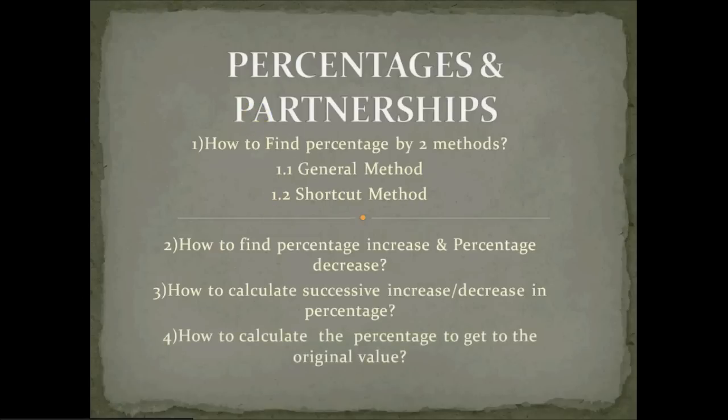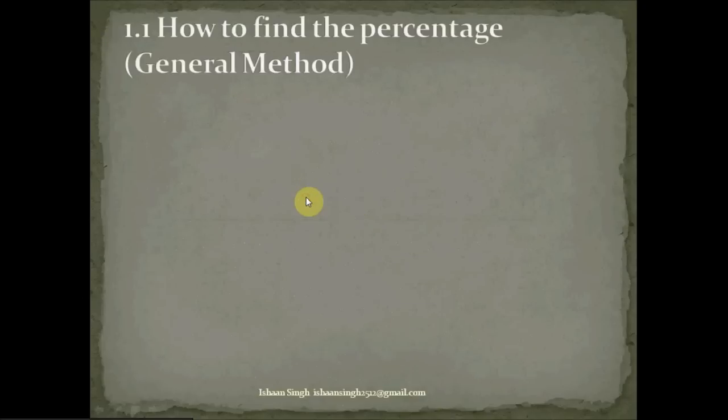Then we will be discussing how to calculate the percentage to get to the original value. Then we will be discussing the concept of percentage points, and last but not the least, we will be discussing rules of partnership. So let's move ahead and discuss the first point.